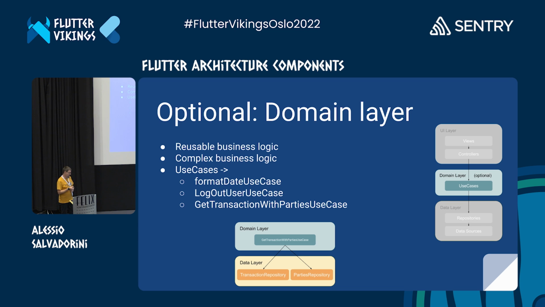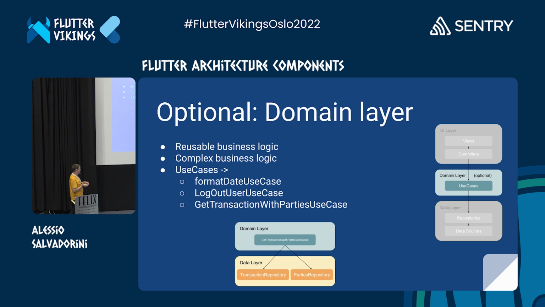The only part that I skipped, which was optional, is the domain layer. Here you want to do two things. You want to reuse business logic. For instance, if you have a date formatter and you want to format your date in some way, you will have a format-the-date use case here.